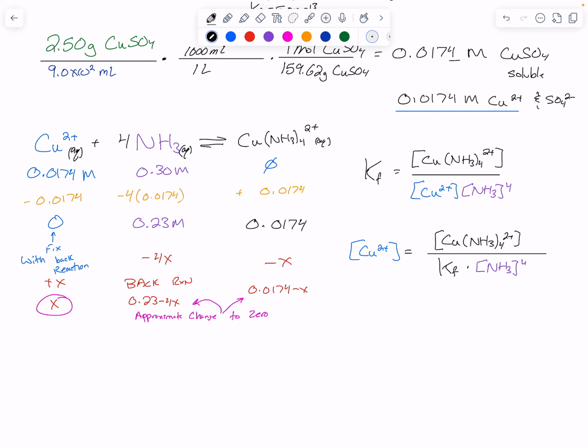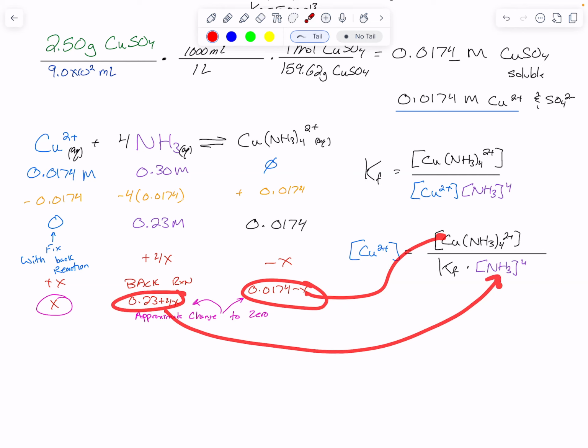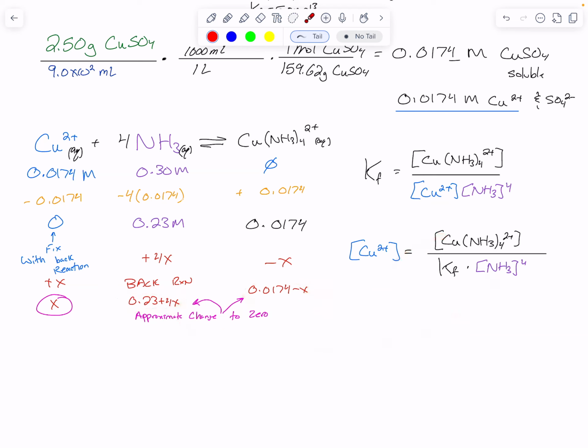All right, so it's very similar if we just put in the minus x and, well, sorry, I messed up. It's a plus x. We're still approximating the change to nothing. So technically we would put this in here and this right there, and then approximate those changes to 0. So I'm just going to shortcut the step.